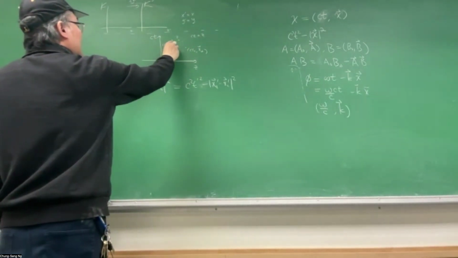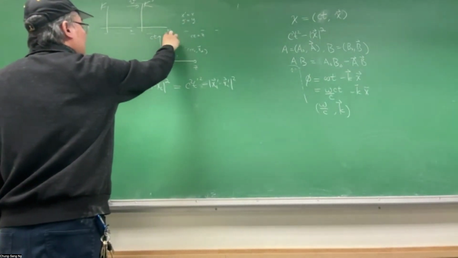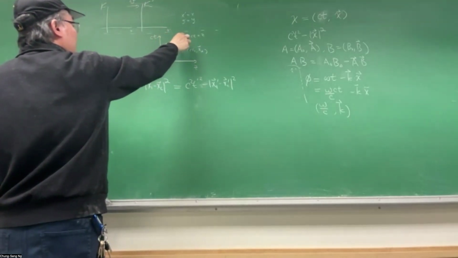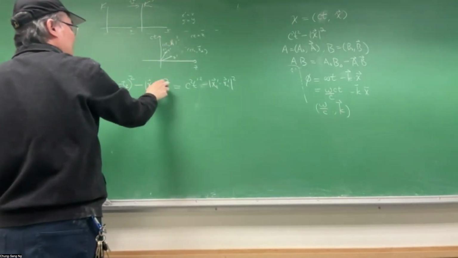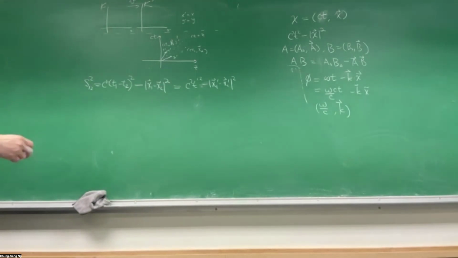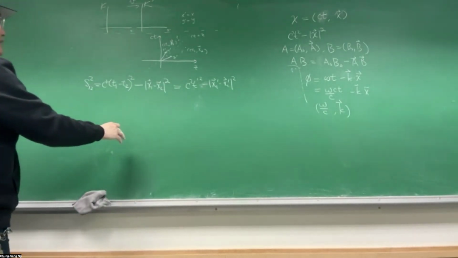Because the difference in t is greater than the difference in x, this is what we call a time-like event.